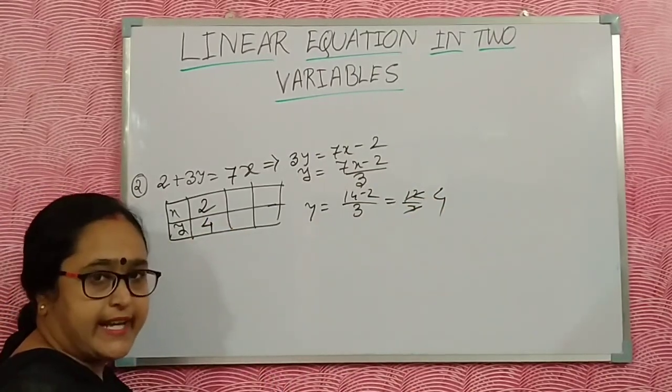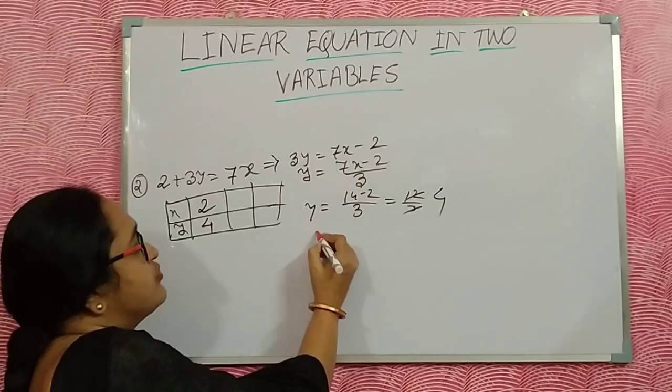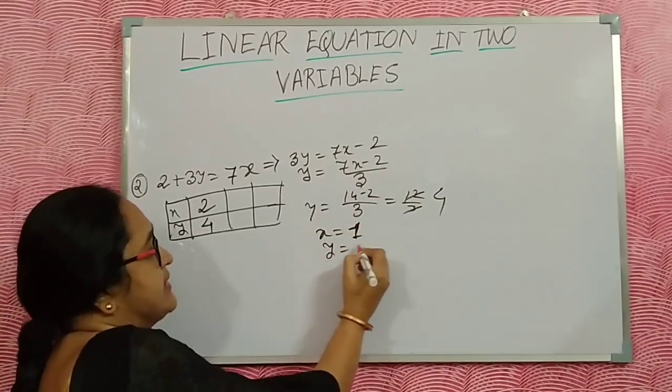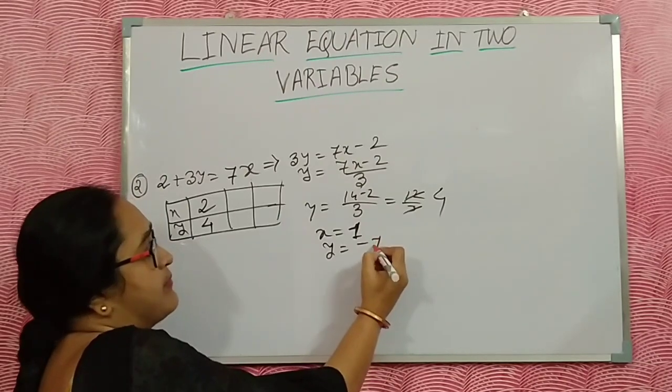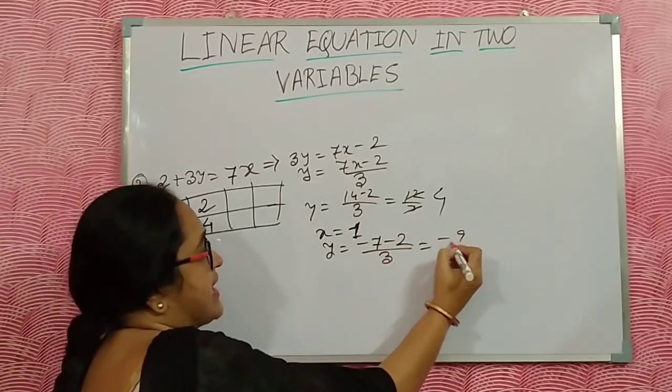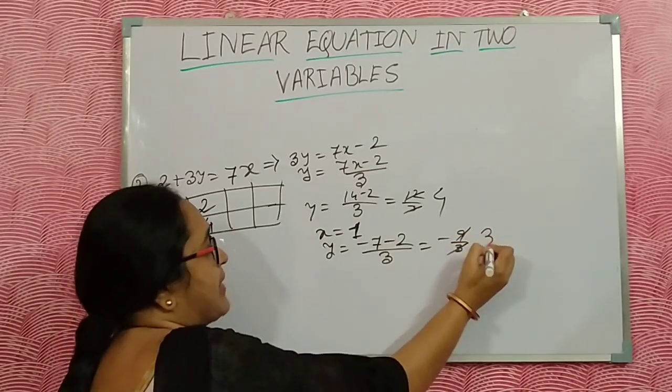Then you just take x equal to minus 1. Then y becomes what? Minus 7 minus 2 by 3, which is minus 9 by 3, and this is minus 3.